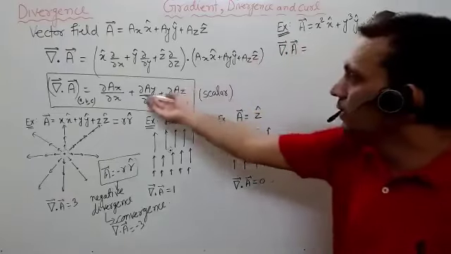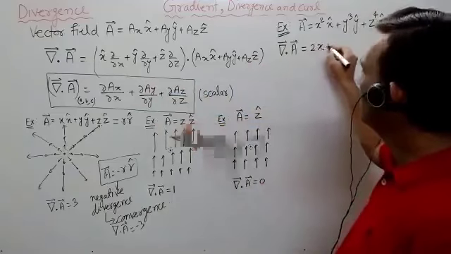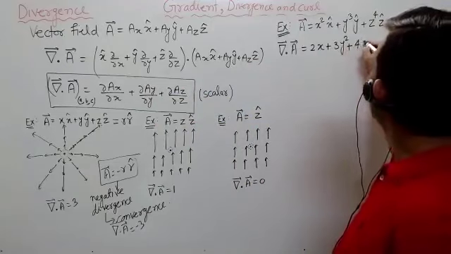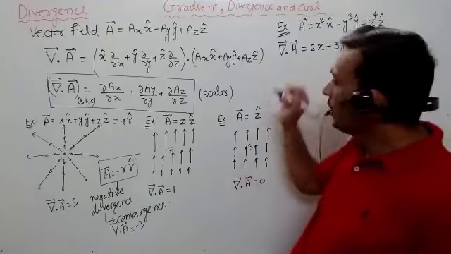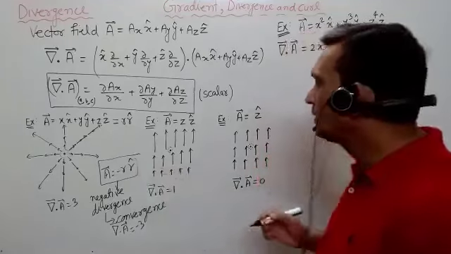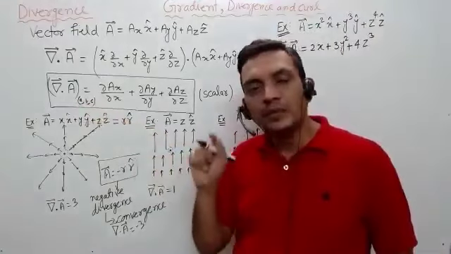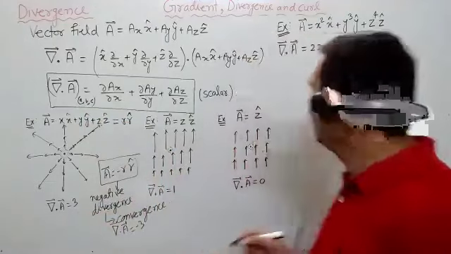If you calculate, put ax, ay and az, you will get 2x plus 3y square plus 4z cube. So in this vector field, around different points, you have different divergence. So now you have to ask at what point. You have to always ask divergence at what point in a given vector field.